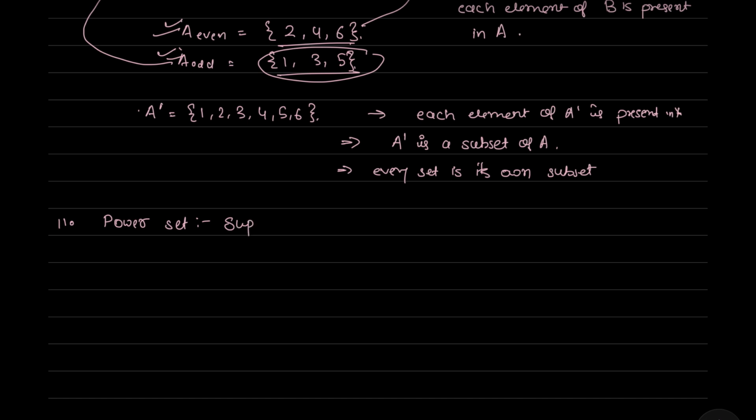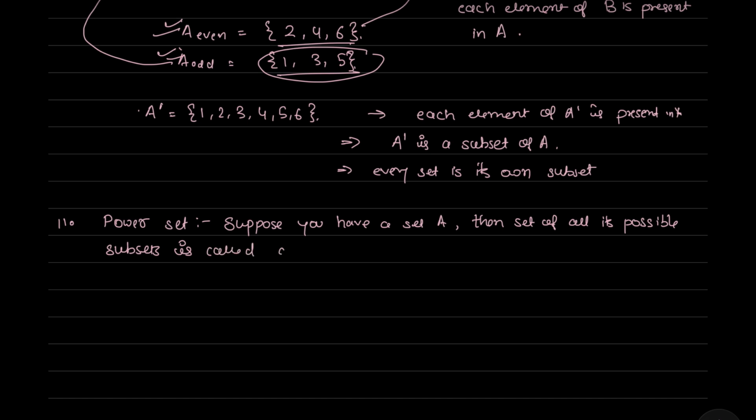So suppose you have a set A. Then the set of all its possible subsets is called a power set.